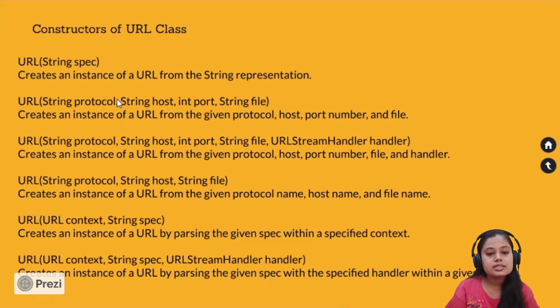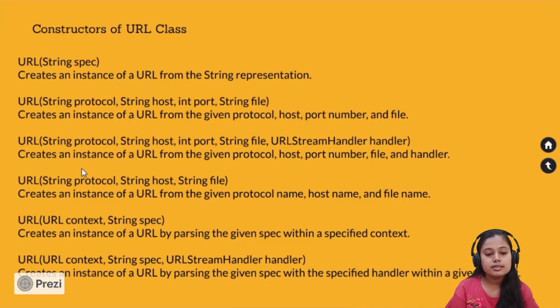It creates an instance of a URL from the given protocol, host, port number, and file. The next constructor takes in a total of five parameters: protocol of string type, host of string type, port of integer type, file of string type, and handler of URLStreamHandler type. It creates an instance of a URL from the given protocol, host, port number, file, and handler.